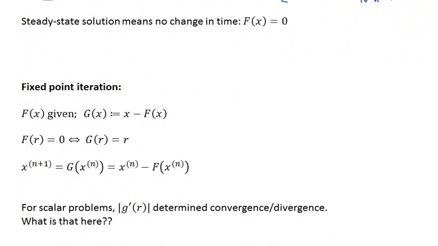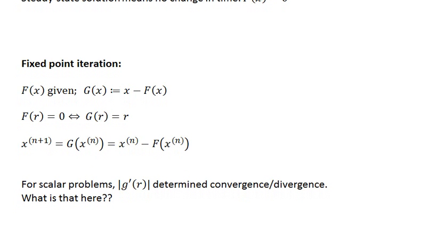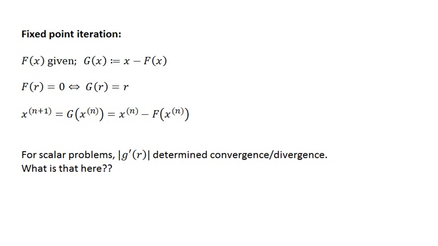All right, now we have the solution of a fixed point iteration for a root finding problem in one dimension. We can actually generalize that to multiple dimensions very, very easily. So let's suppose we are given a function f of x. Here again, f is a map from n dimensions to n dimensions. And given that f, we can define a g, which is just the difference between x and f of x.